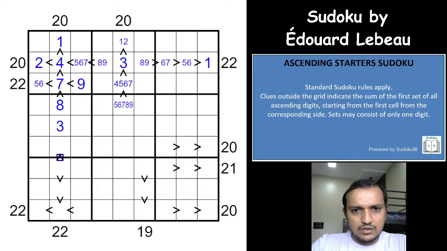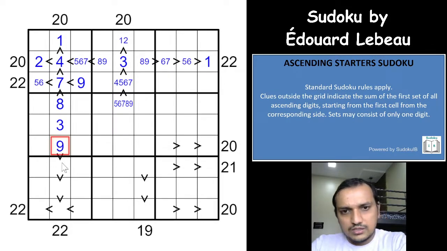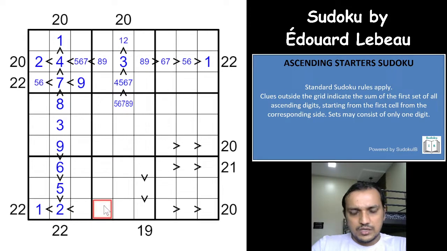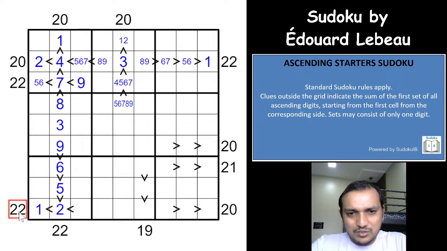It is counted as a sum for 22. So you will have a symbol here this way, that is 9, 6, 5 and 2. That gives you a 1 here, which means if you have a 1 and 2 here, wow, that is awesome. That is excellent, guys. Because if you have a 22 here plus 20, that is 42, and which means the middle cell would have to be 3, either this cell or this cell.